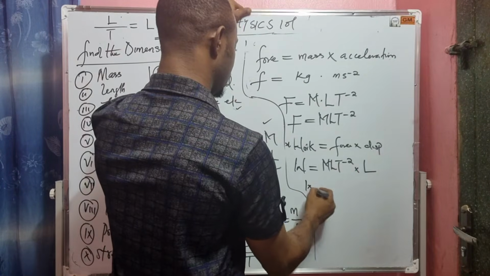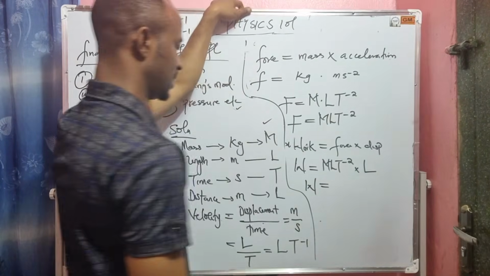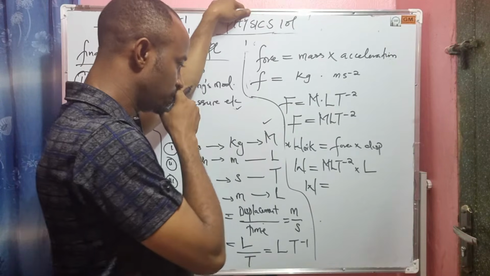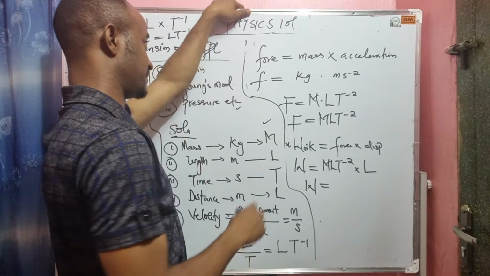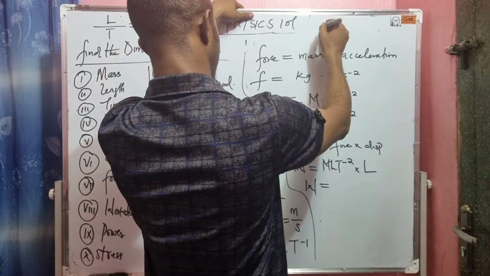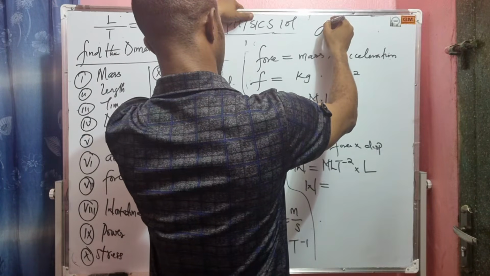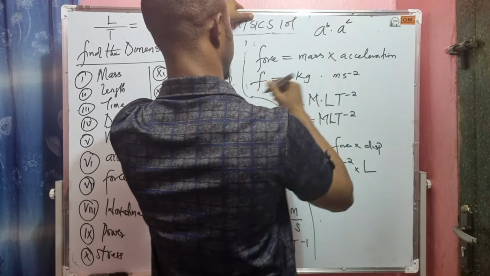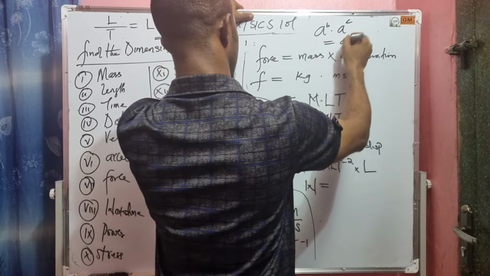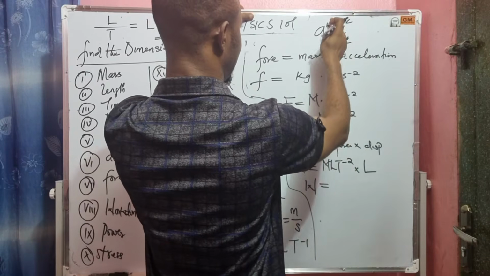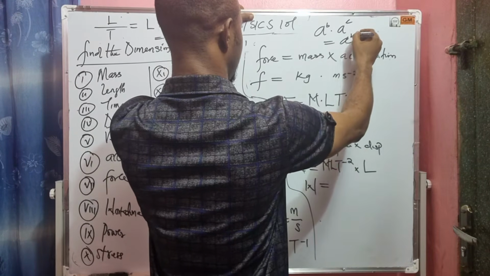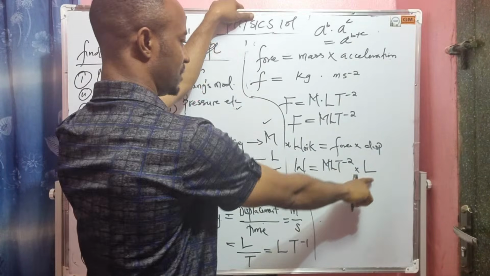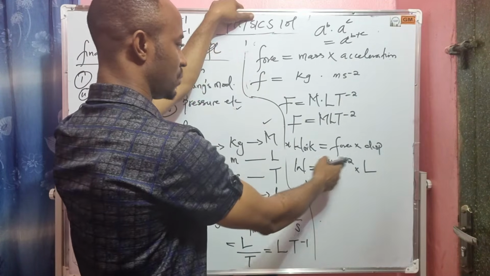So work done will then give us, we're going to multiply the common factors here based on the law of indices. If we have A raised to power B times A raised to power C, the law says what? I will pick a common base and add up the power, which is B plus C. If you look at it, we have L and we have L, and their power is 1 and 1.